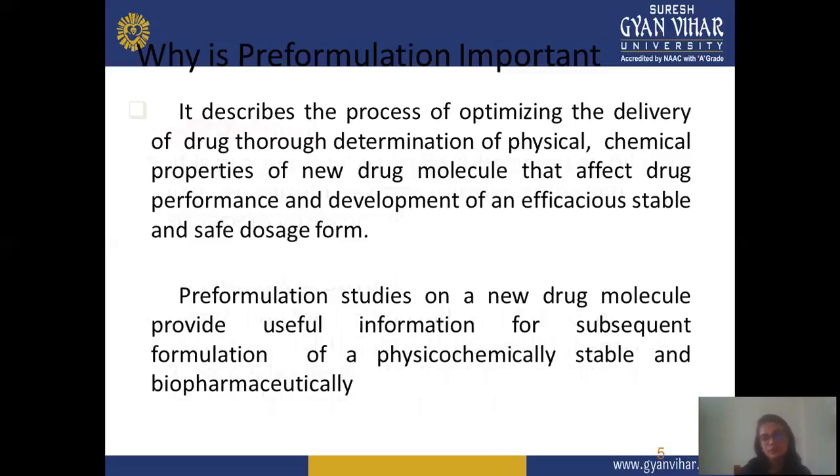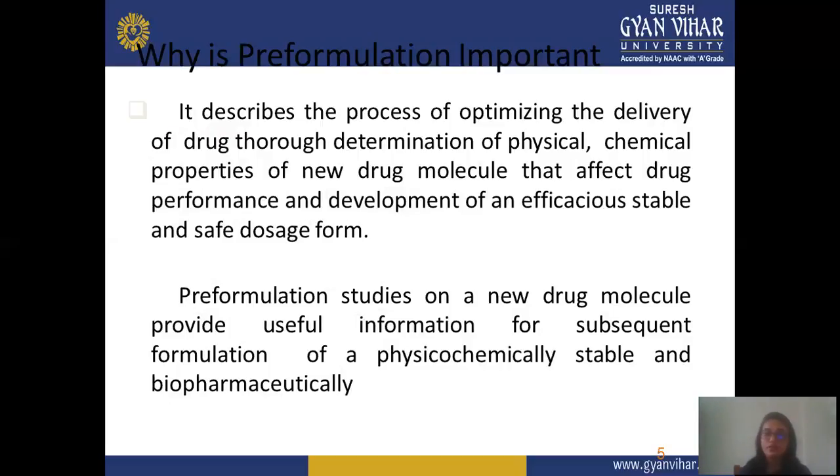Why is pre-formulation important? The importance of pre-formulation: in pre-formulation, we describe the process of optimizing the delivery of a drug through determination of the physical and chemical properties of the new drug molecule that affect drug performance and the development of a stable and safe dosage form. Means with the help of pre-formulation, you can formulate or manufacture your drug with suitable physical and chemical properties.